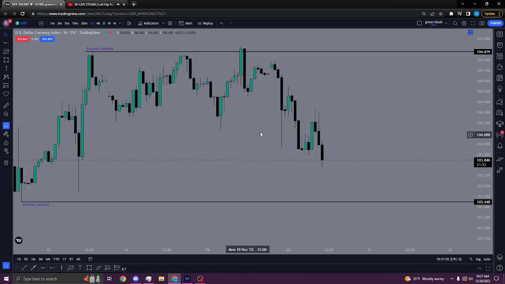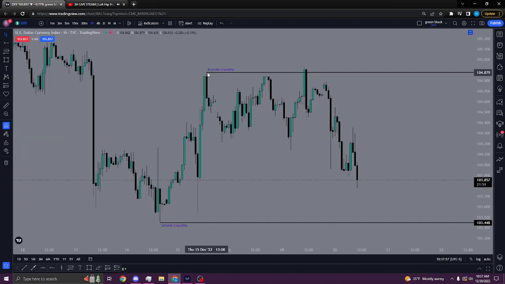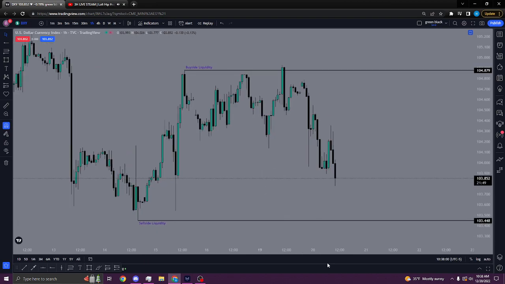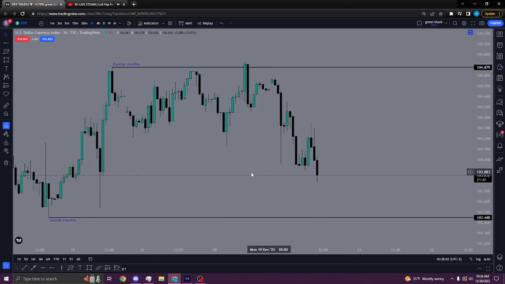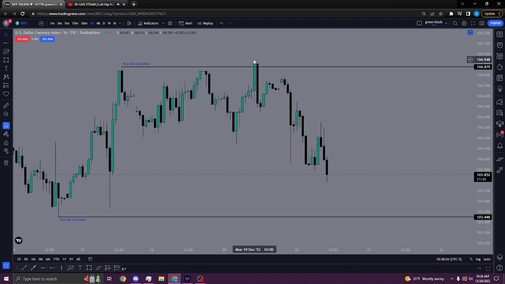Go to the hourly chart, you get way more detail, and this is where we started to frame everything. So as you can see, we punch higher, we come lower, we break the swing low. So from a macro perspective on the H1 chart, all lows being taken, we're bearish.